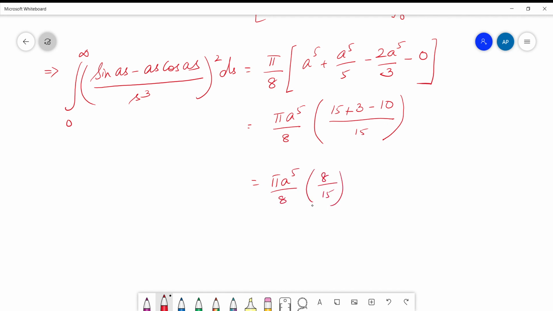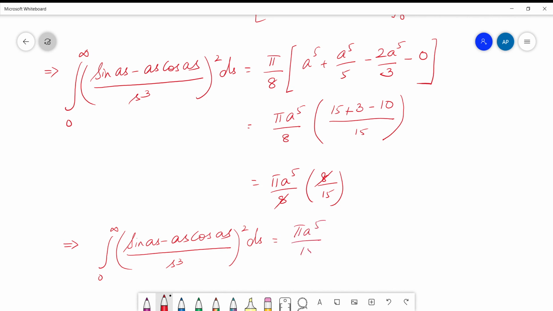And since 8 gets cancelled here, we have now found the answer as the integral from 0 to infinity of sine s minus s cos s by s cube ds whole square is equal to pi a to the power 5 divided by 15. So that completes the result of part 4.